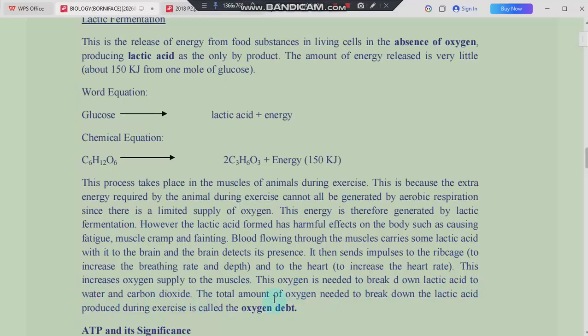The total amount of oxygen needed to break down the lactic acid produced during exercise is called oxygen debt. So this is a very important fact. I'll repeat it again: the total amount of oxygen needed to break down the lactic acid produced during exercise is called oxygen debt.